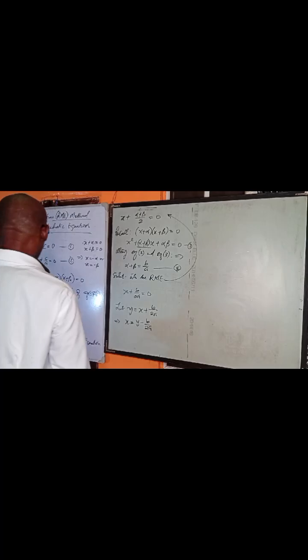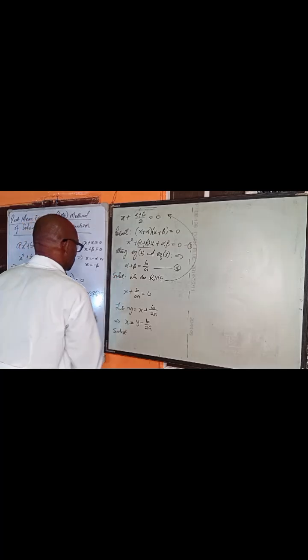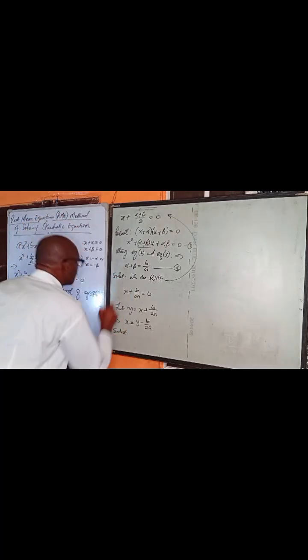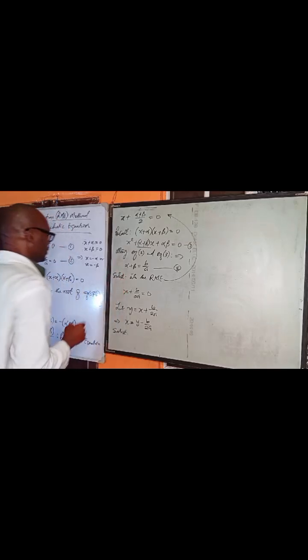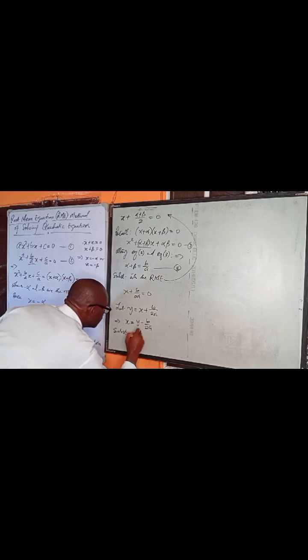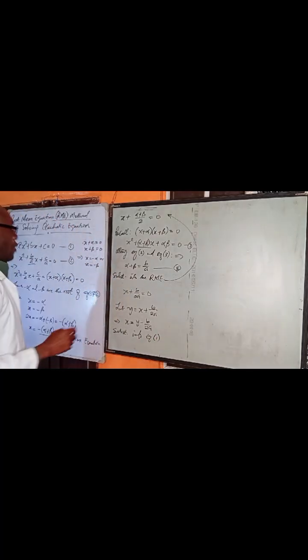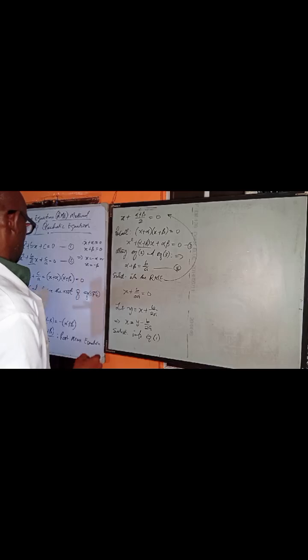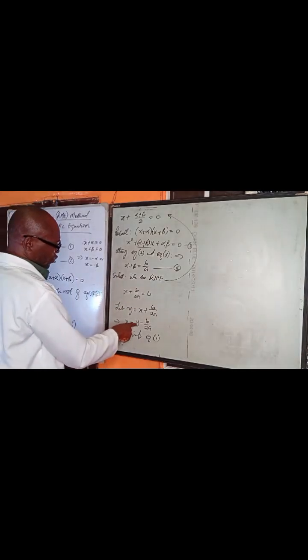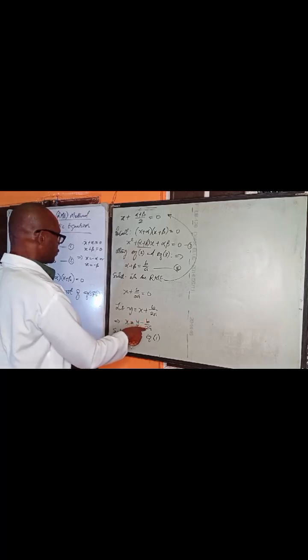So if I substitute this into equation 1, anywhere I see x, I'll put y minus b over 2a.